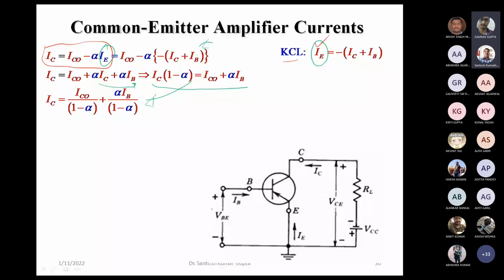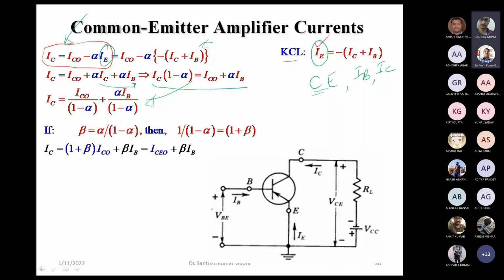In the common emitter, we see that our input current is IB and IC is the output current. Whereas the transistor equation IC is equal to ICO minus alpha IE doesn't directly relate to IB. So to relate IC with IB, we do this mathematical operation here.